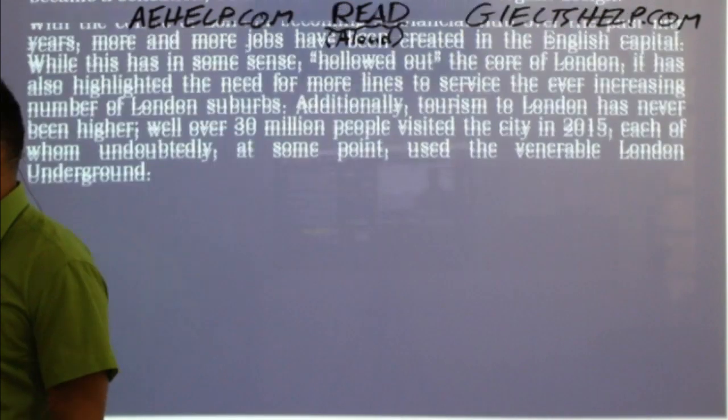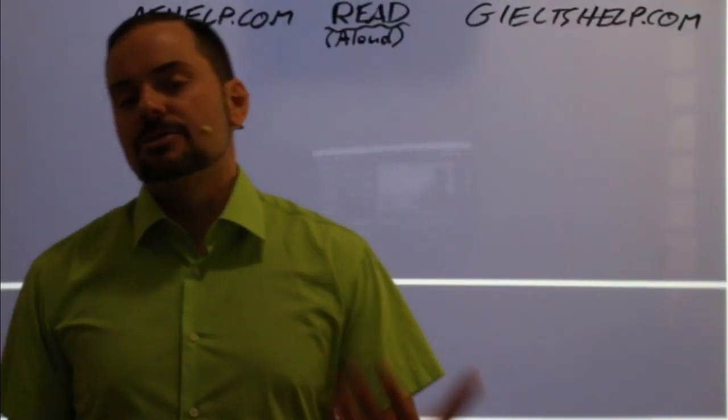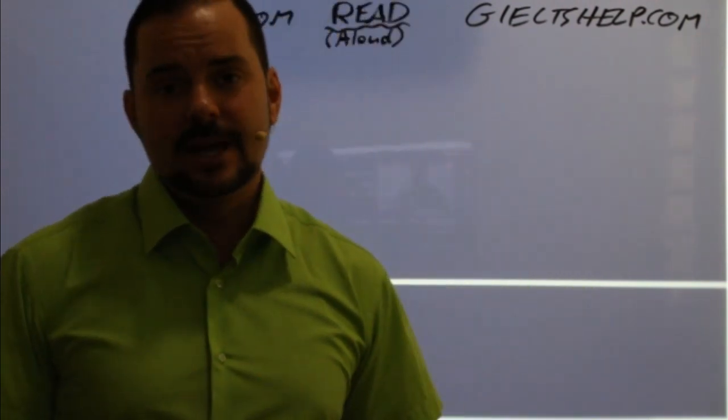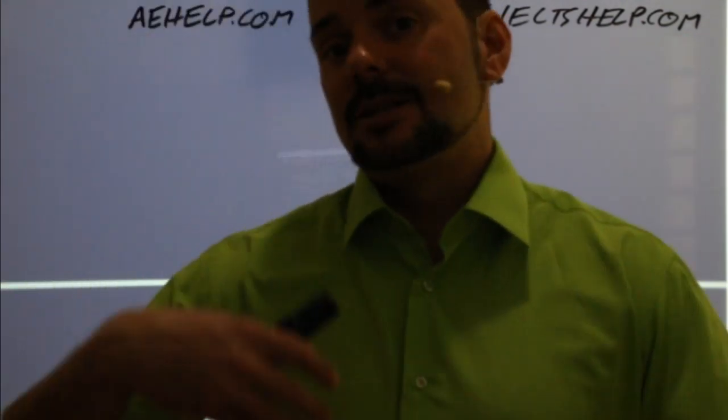Let's answer the questions. So notice, students, that so far, introducing our websites and talking about the reading, giving you all these tips and strategies, we're at 30 minutes. Even at the speed I was reading with explanations and talking about what each paragraph is about, we only spent about 15 minutes on this passage.